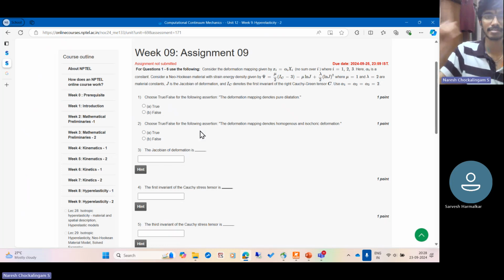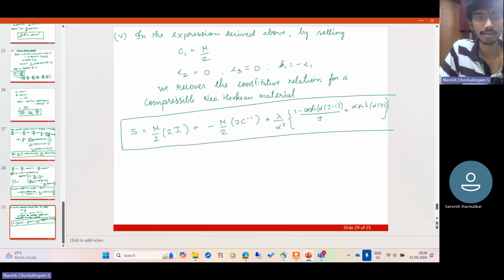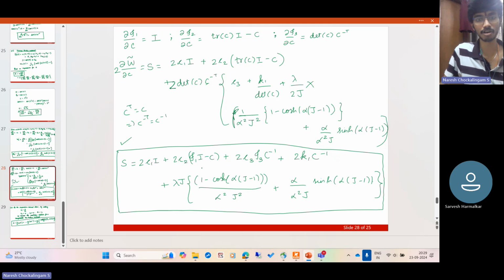Now let us see what the characteristics are. They have given a deformation mapping, xi is equal to alpha i capital Xi, where there is no sum over i. In our problem, from this Mooney-Rivlin model, we made some simplification: C1 is equal to mu by 2, C2 is equal to C3 is equal to 0, K1 is equal to minus C1.